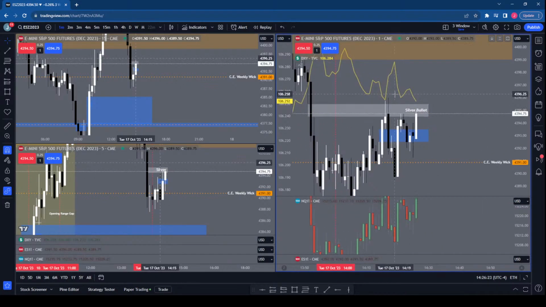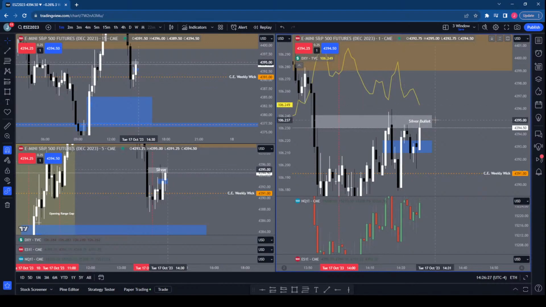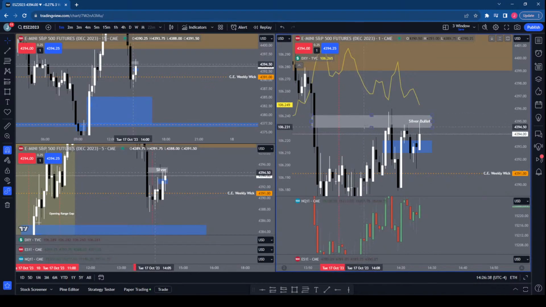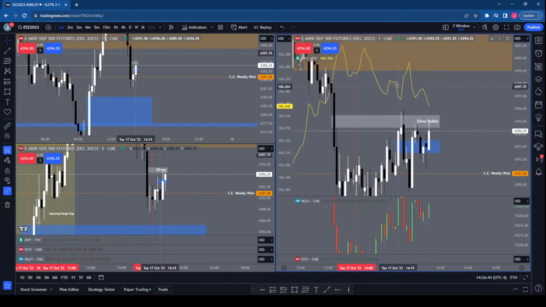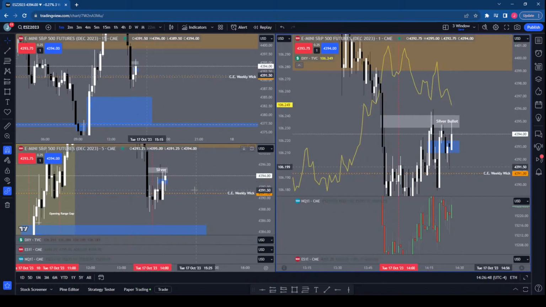If we closed a candle above this swing high, I would look to enter when it came back down and use this fair value gap as an inversion. The dollar looks like it's making some lower lows here, so that scenario might be in play.